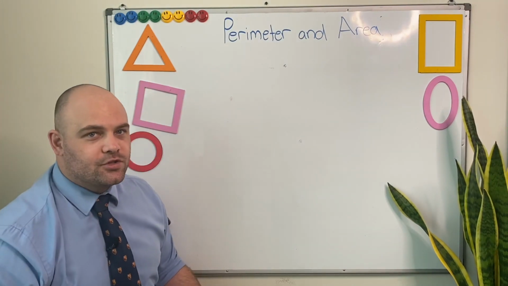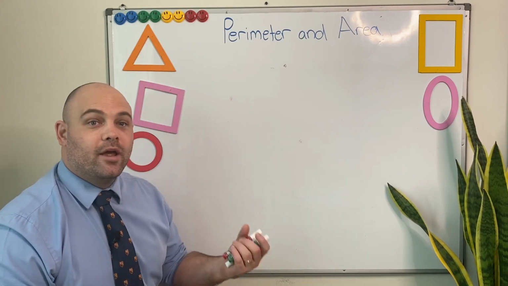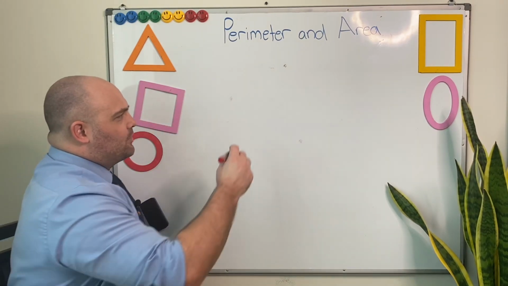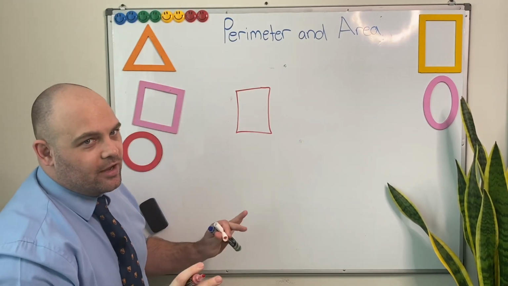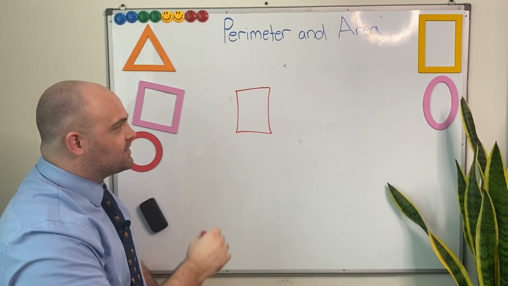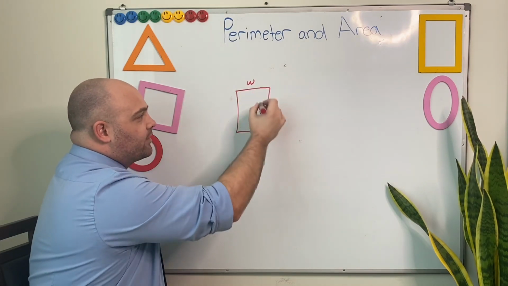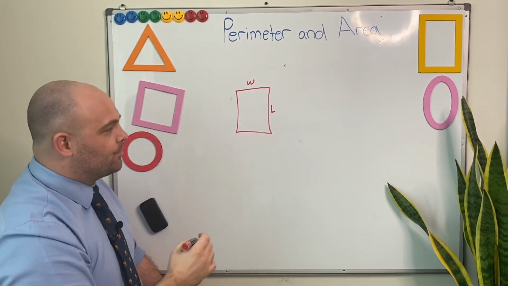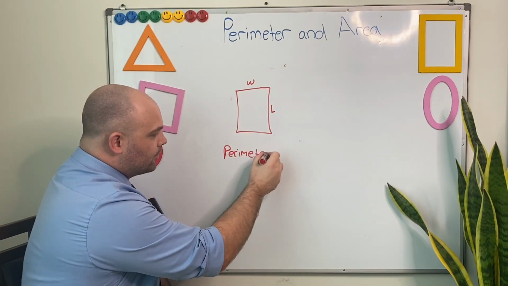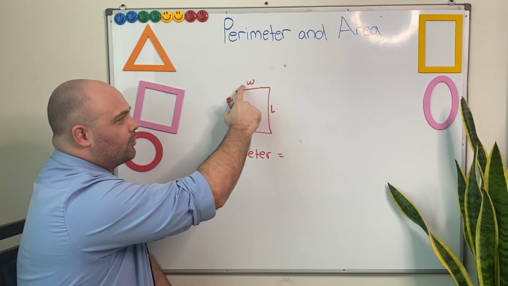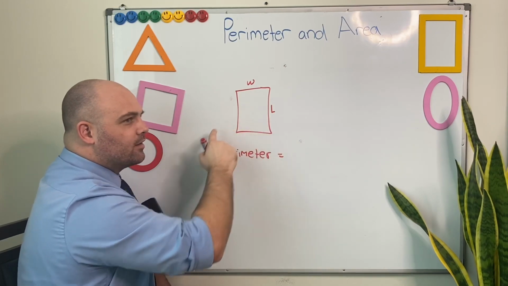So if you wanted to come up with some sort of way to solve this, or a formula, what I would say is I wouldn't use a formula regularly to find the perimeter. I would just add all of the sides. But if this is the width and this is the length, the perimeter will be equal to the width twice plus the length twice.